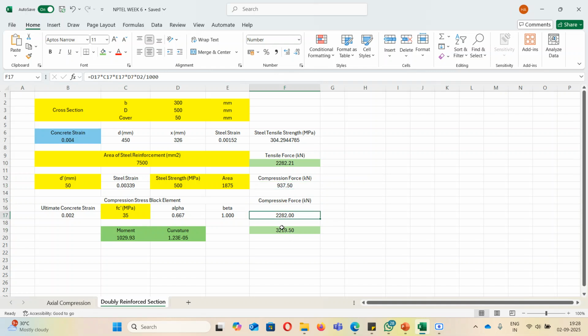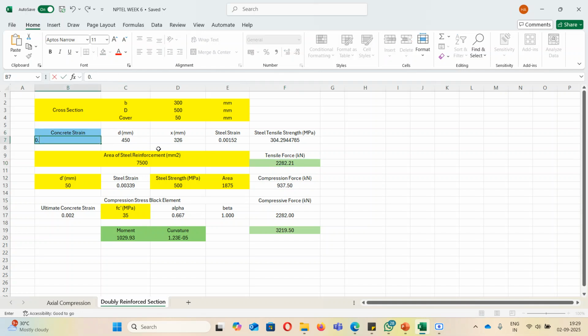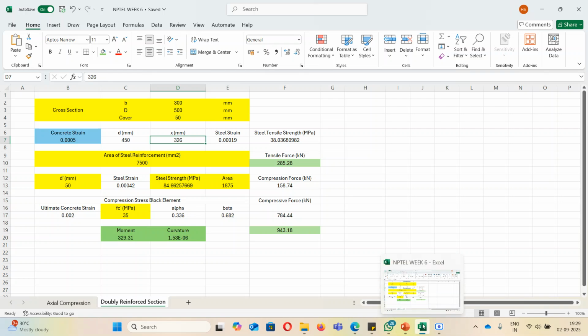this block, and this value now should equate with the tensile force capacity to get an equilibrium condition. Okay, so again I will set concrete strain as 0.0005, so I will directly do the calculation for balanced condition.